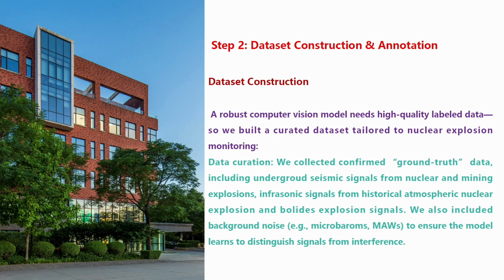Step 2, dataset construction and annotation. A robust computer vision or AI model needs a high quality labeled dataset. So we built a dataset tailored to nuclear explosion monitoring. We collected many signals, including atmospheric and underground nuclear explosion signals.